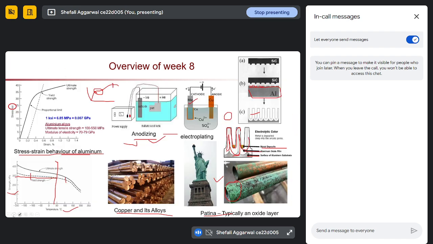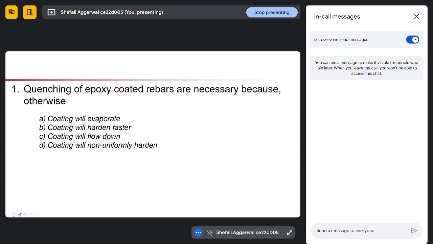So why are we quenching it? The answer is C. If we are not quenching it properly, what will happen? This coating will flow down. So if this is a rebar and it is being coated with our epoxy, if we are not properly quenching it, this epoxy, which will be in powder form only, will start flowing down.